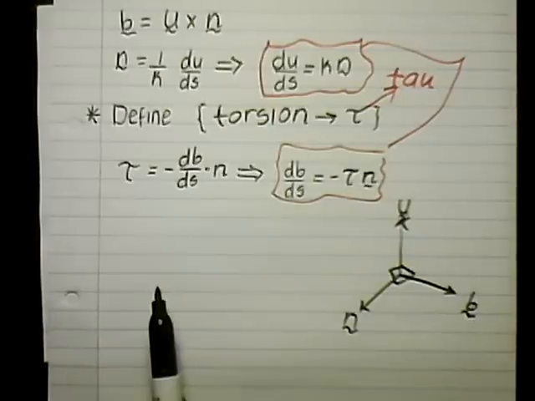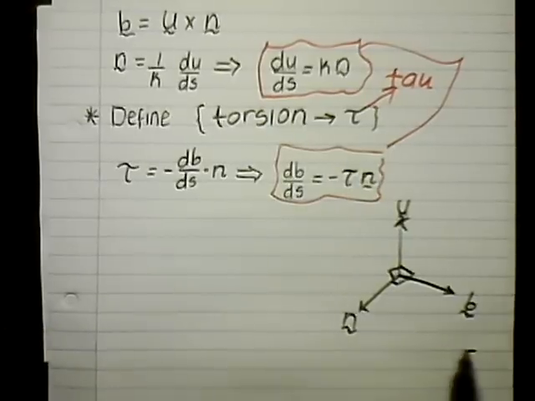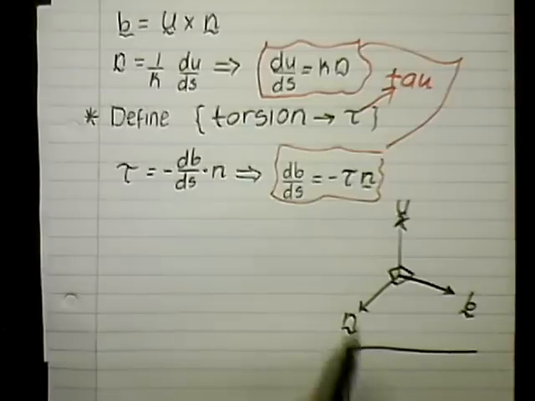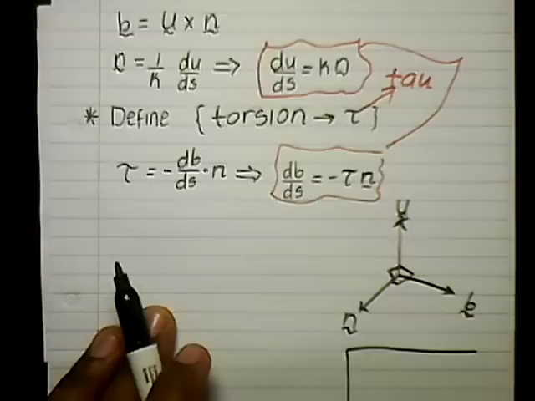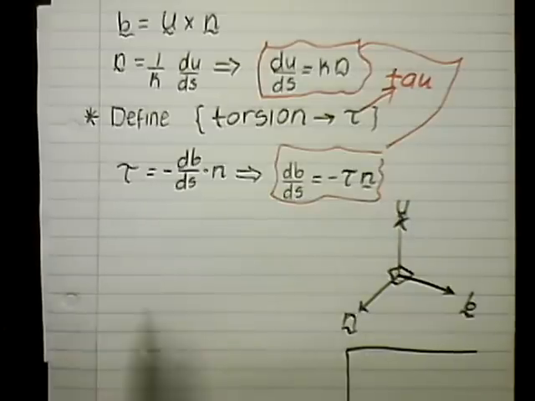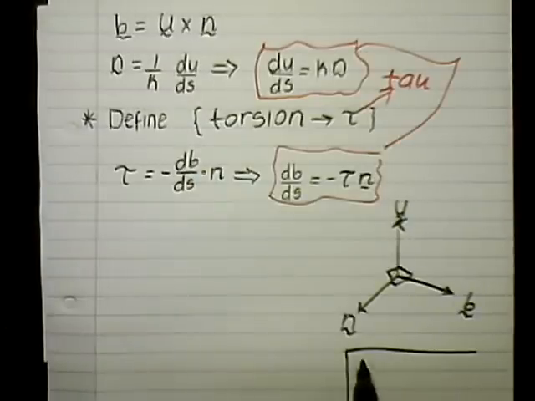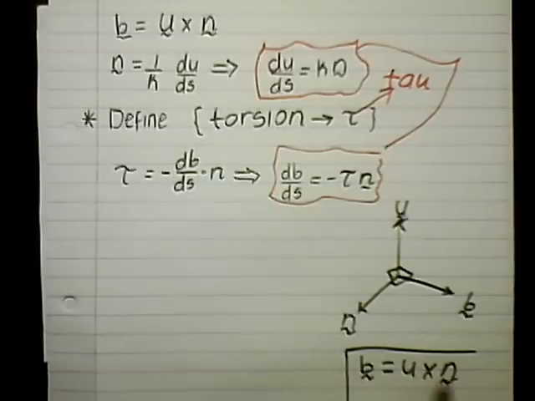Okay, now when you check that, we're going to define what u is and what n is. I'm just going to copy this one and write it here too: b is equal to u cross n, and both of these are vectors.